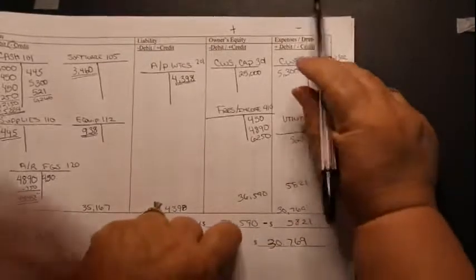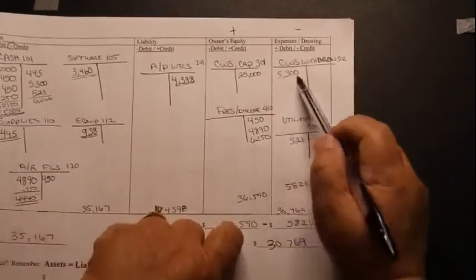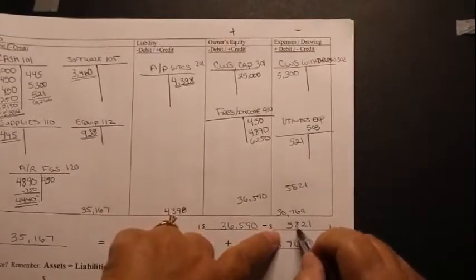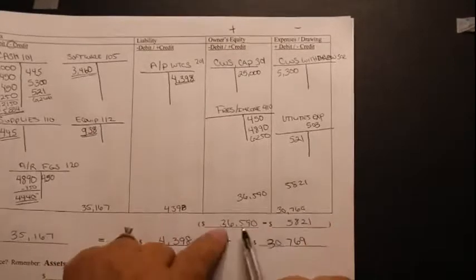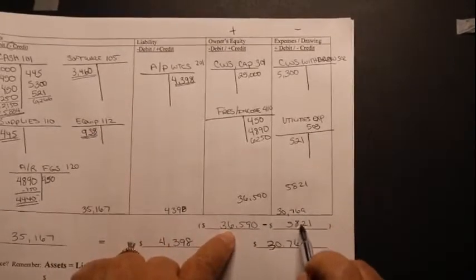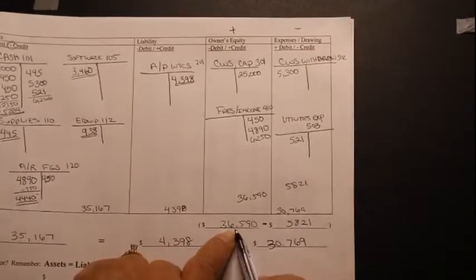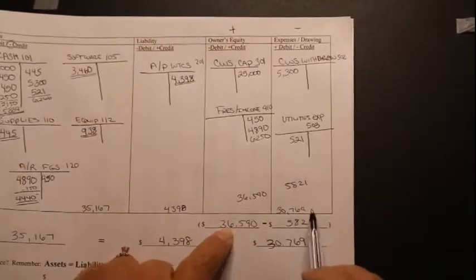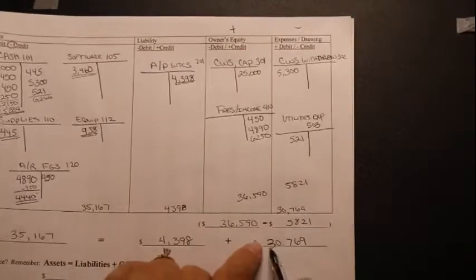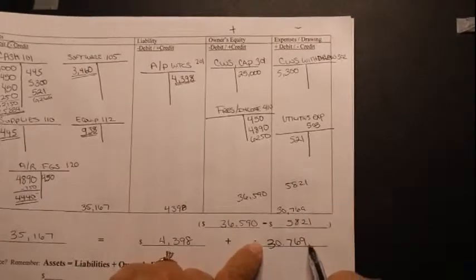And then I added up the negatives, the 5,300 and the 521. I got the 5,821. So this number has to be subtracted from this number, because that's the negative, right? And that equals $30,769.